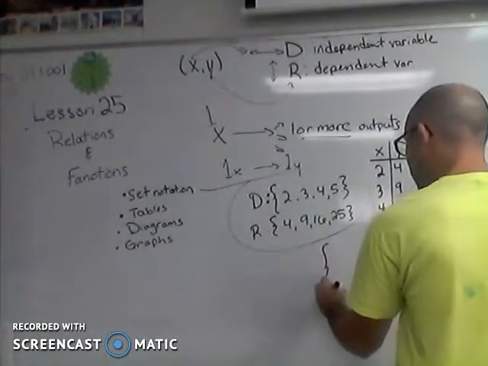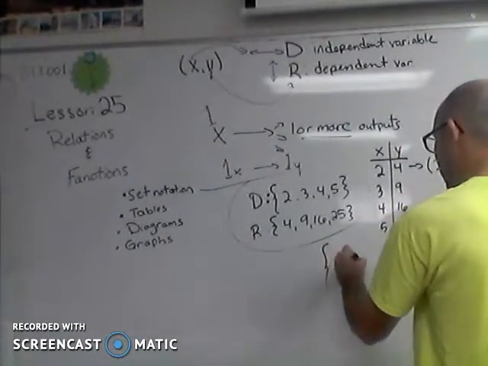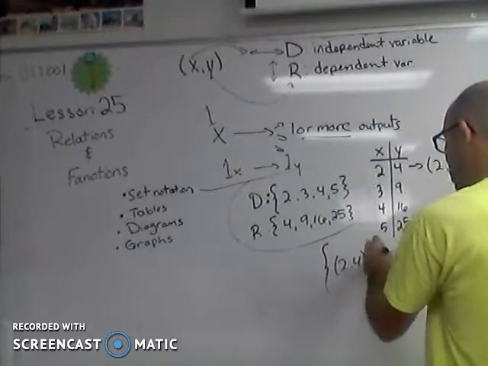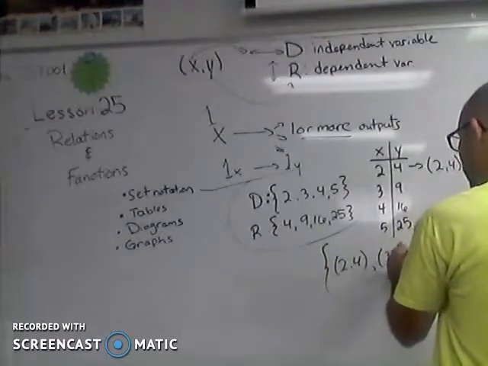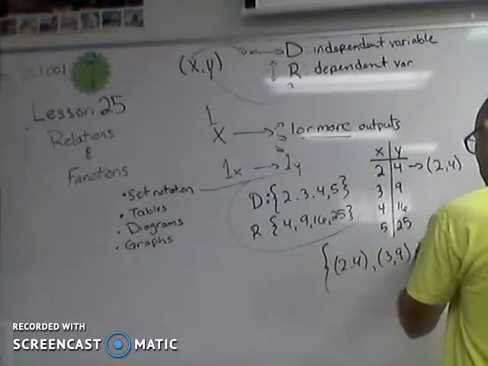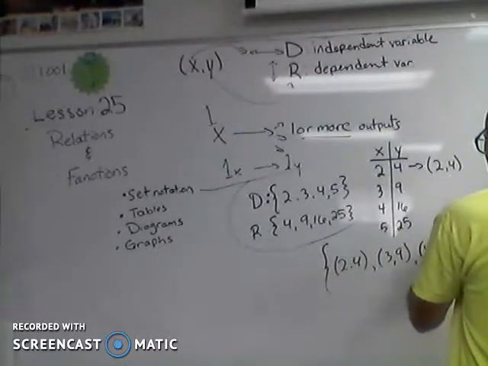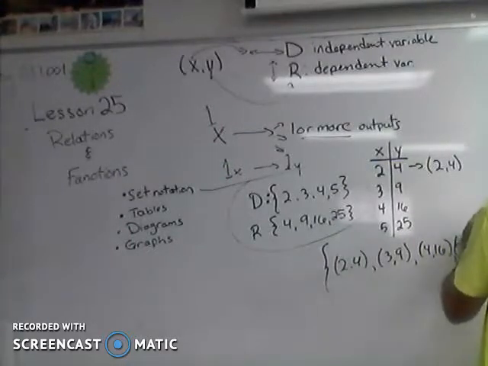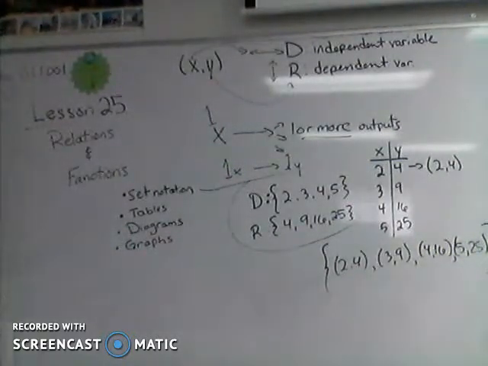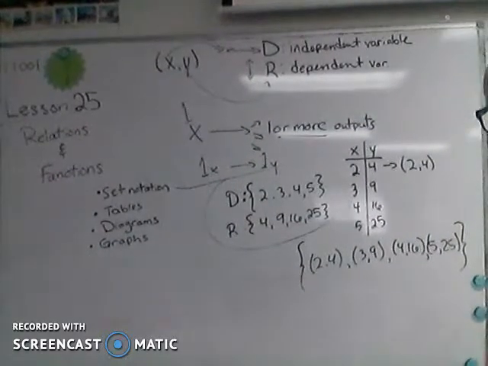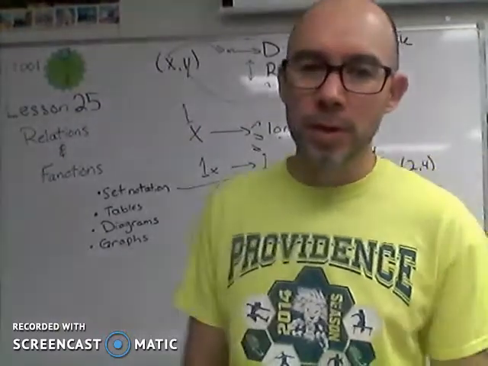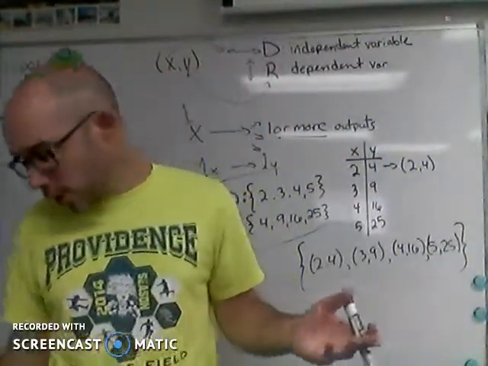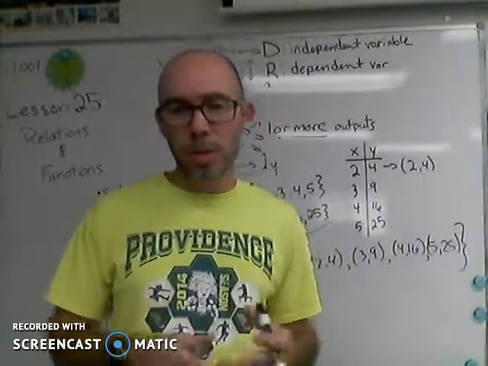That is, we might put the brackets in there and we'd say we've got the number for the spot (2, 4), we've got the spot (3, 9), and we've got the pair (4, 16), and we got the pair (5, 25), all in their own little set of ordered pair parentheses deals. So that could be another way of representing a relation or a function. Those are all totally valid. They're just not the ones that we're used to.